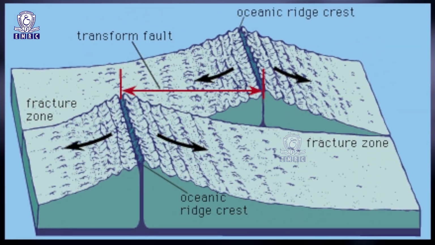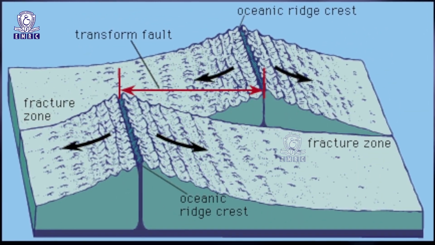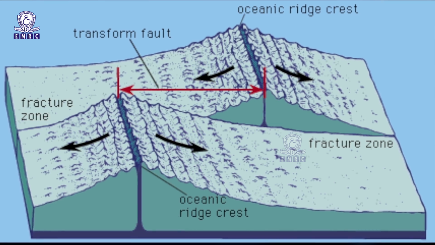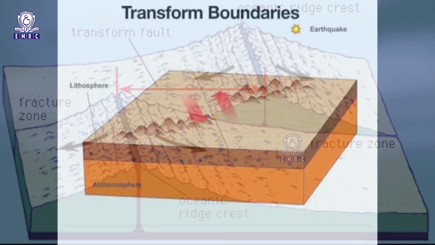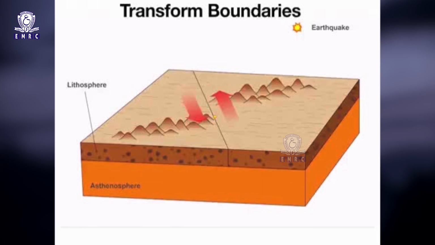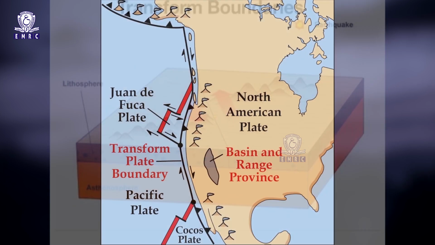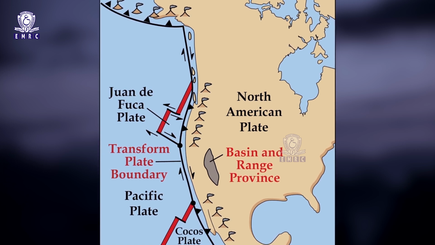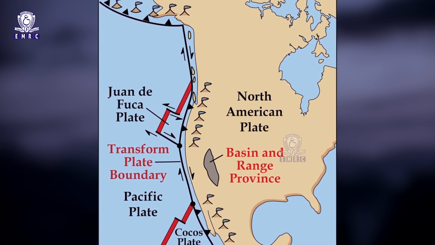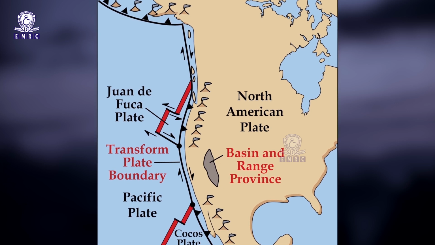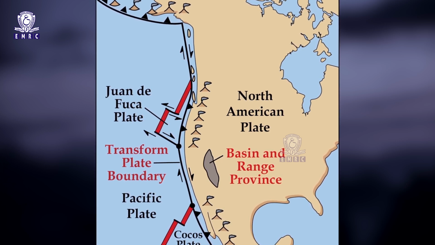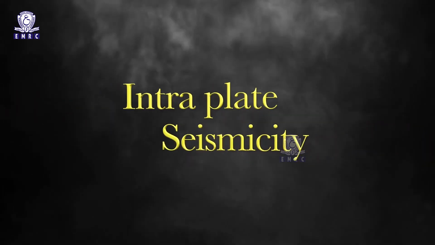Occurrence of earthquakes with severe intensities is common along the transform faults. The eastern boundary of the Pacific plate is a long transform fault system. California's San Andreas Fault is known for many faults, marking the junction between the Pacific and American plates.